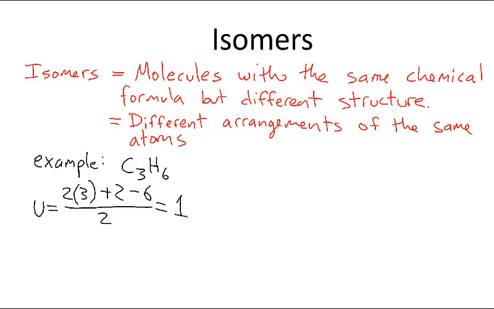Well, there are 2 different ways I could have an unsaturation number of 1. What's one way I could have an unsaturation number of 1? A double bond.